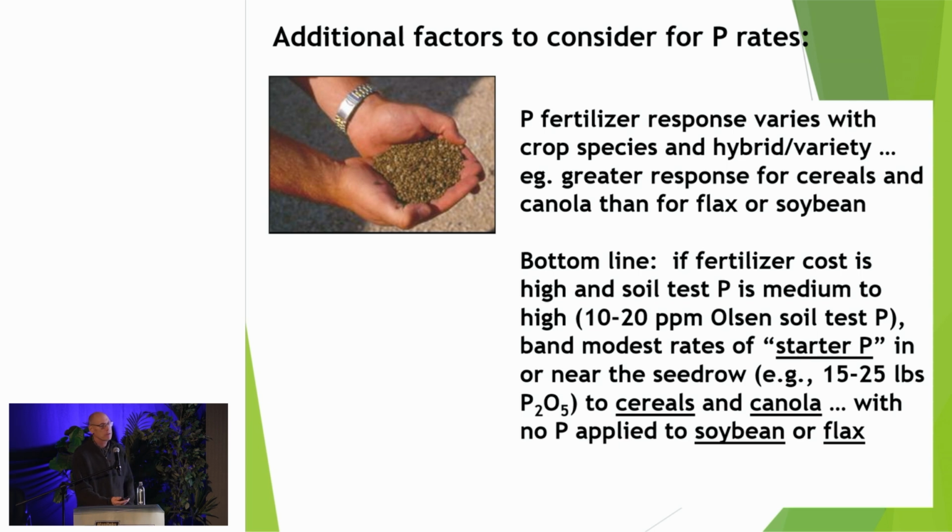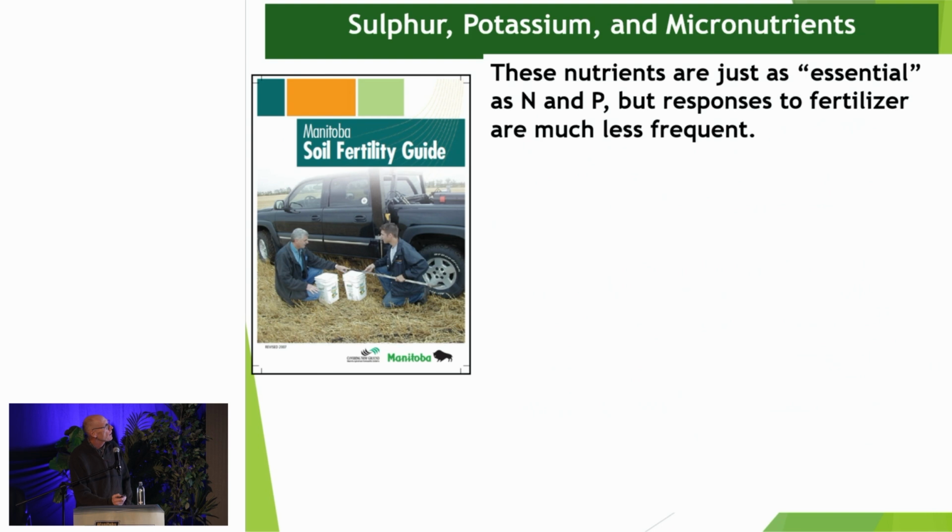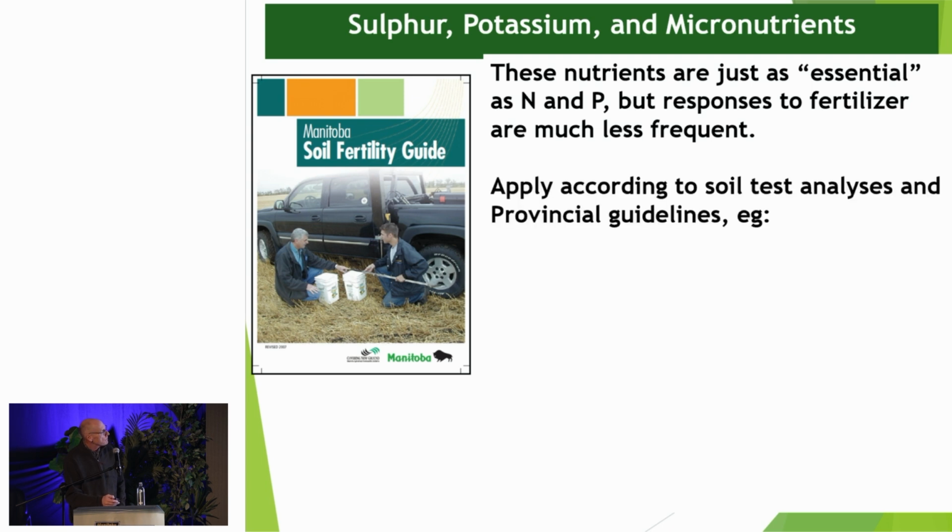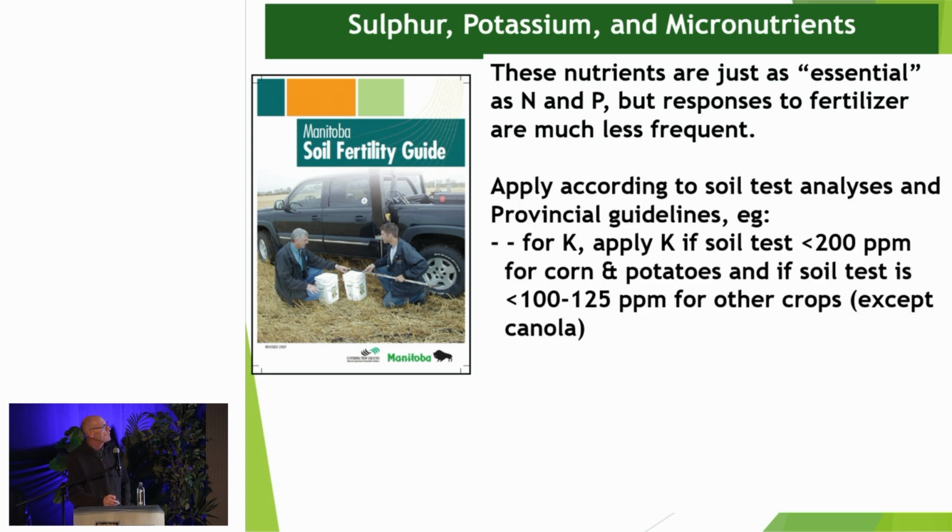They're going to see very little response, and so you could save your phosphorus dollars there in a short-term survival approach. Other nutrients, potassium, sulfur, and micronutrients are just as essential, but responses are much less frequent, just because of some of the natural supply that our soils have. So we would say apply according to provincial guidelines.